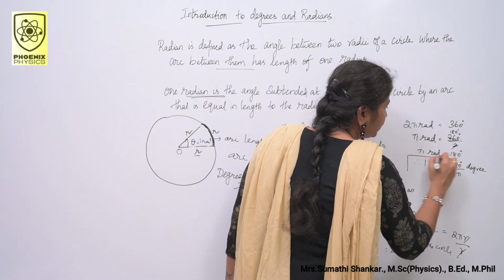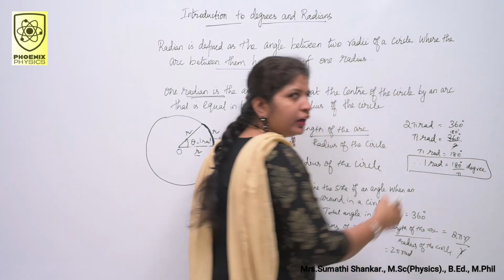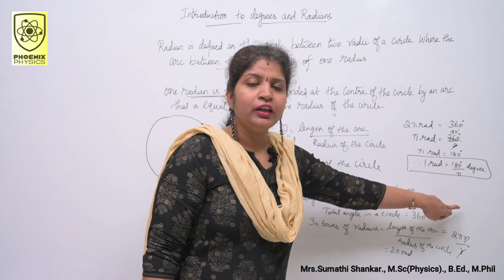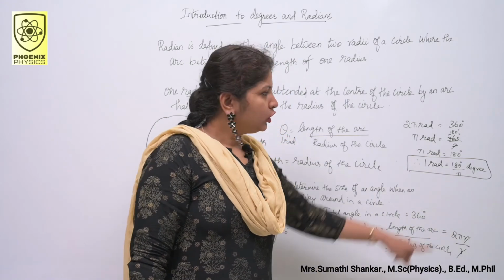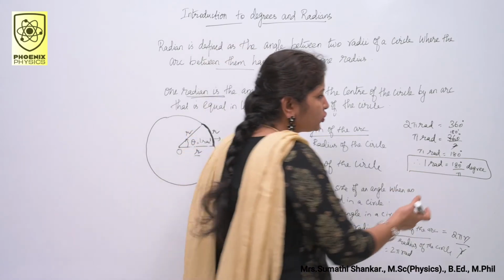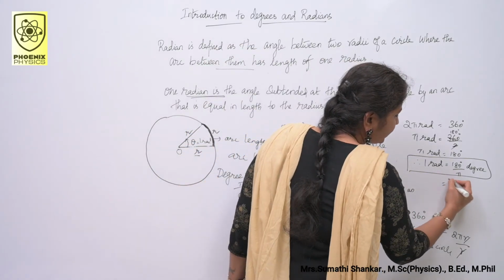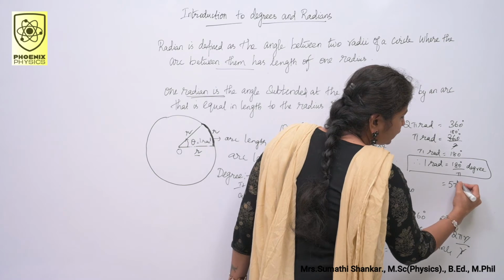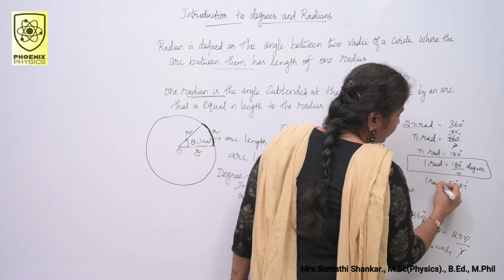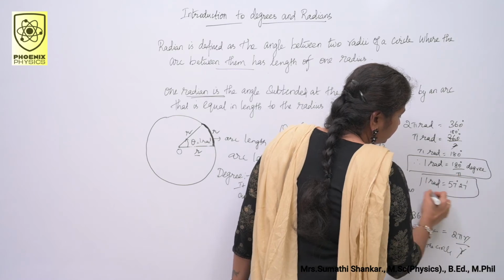So this is the relation between radian and degree. 1 radian is equal to 180 degree by pi degrees. You know the pi value, that is 22 by 7 or 3.14. Substitute the value, you can get the radian value as 57 degree 27 minutes. So this is 1 radian. This is our final conclusion.